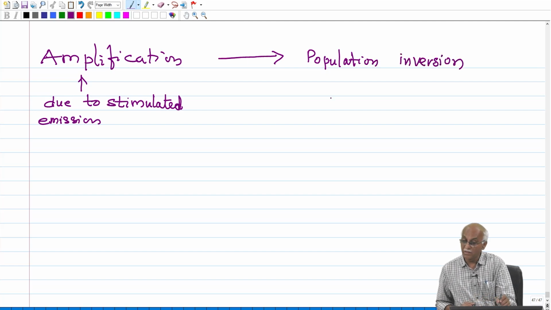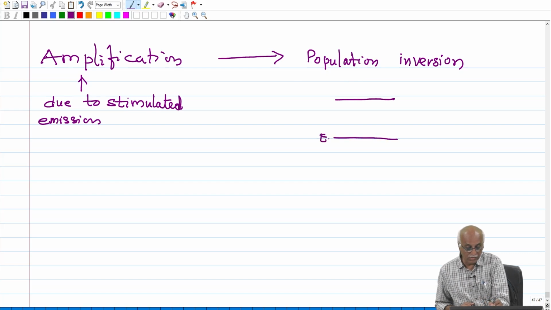Between two energy levels where we want amplification to come into the picture. Population inversion means, this is the energy level, let us say E1 and E2.